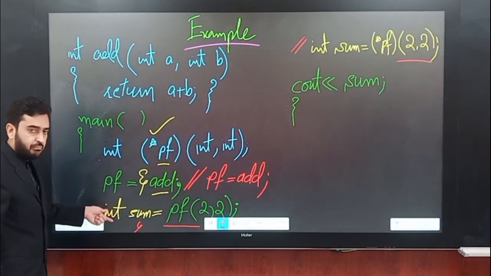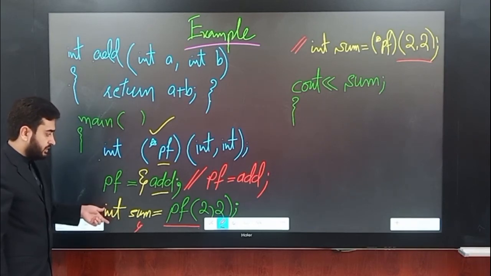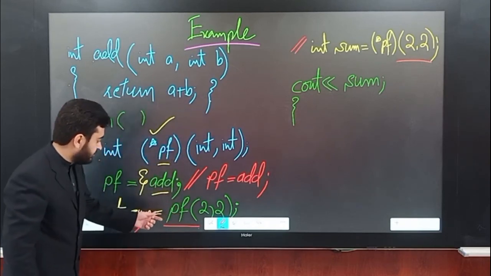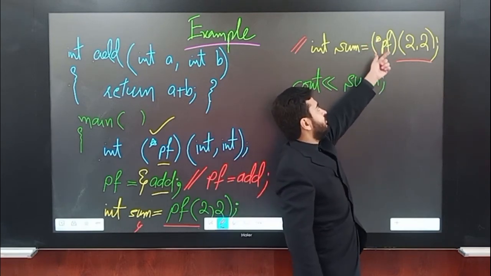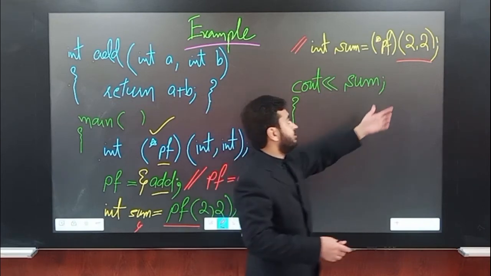It's a very simple syntax, so I would prefer to use this syntax while calling the function. It looks like you are calling a function, while the other looks like there is a pre-processing of a pointer variable with a dereference operator, and then you are passing the arguments.